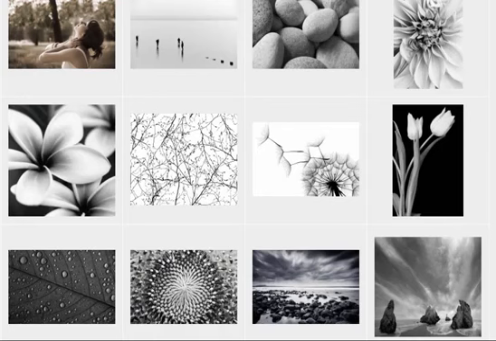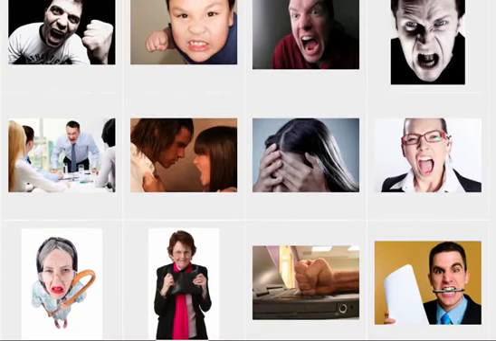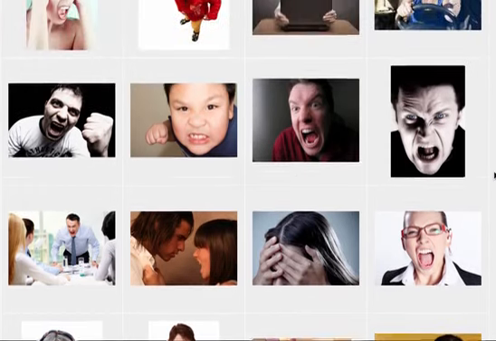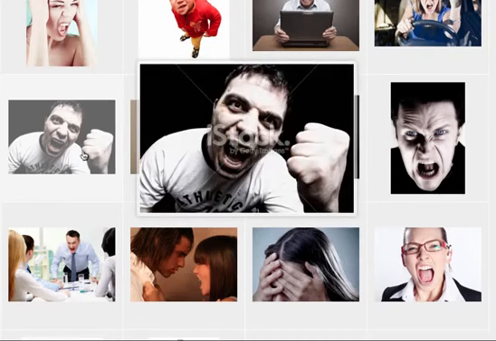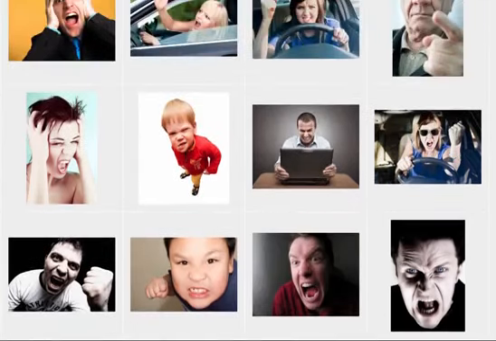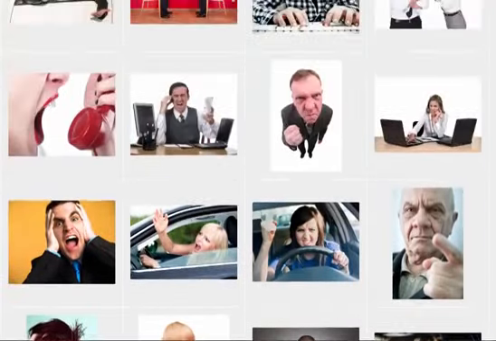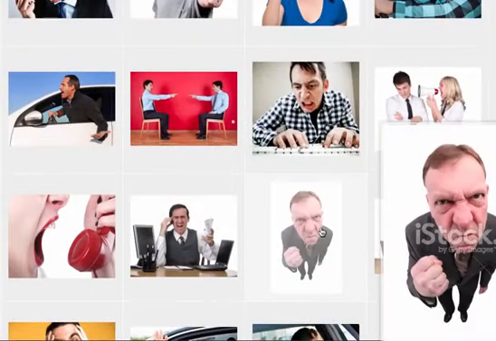Okay, what to avoid? So the first thing we want to avoid are overly staged photos. So we don't want phony things that are obviously not authentic. They're not real. Nobody really does that.